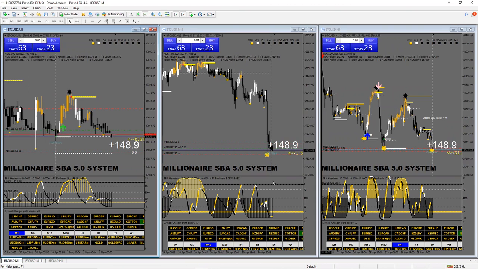We were minus 160 pips a minute ago, and now we're just plus 160. That's the nature of Bitcoin. It's going to go up and down very aggressively.